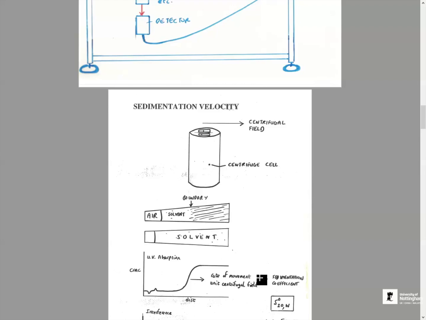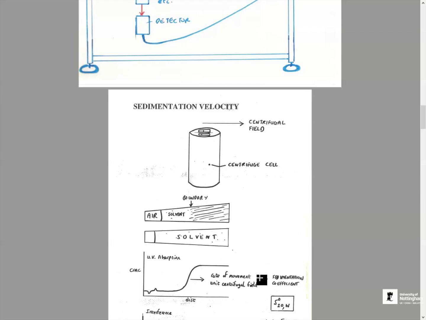So you measure how fast it's going, divide by the centrifugal field, which depends on the rotor speed, and that gives you the sedimentation coefficient, which is a measure of the size and shape of your macromolecule.